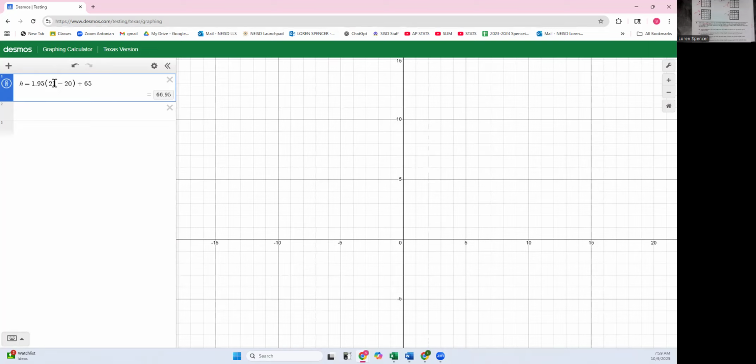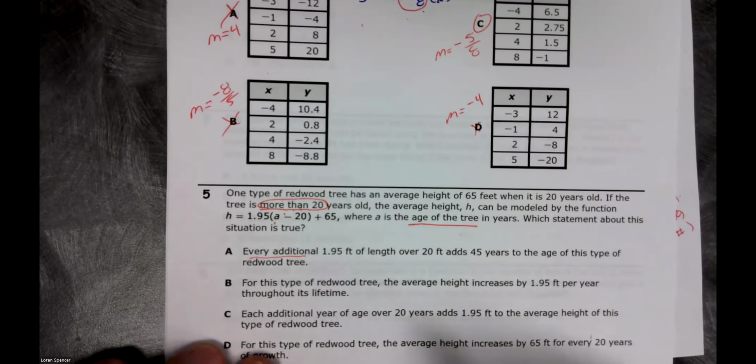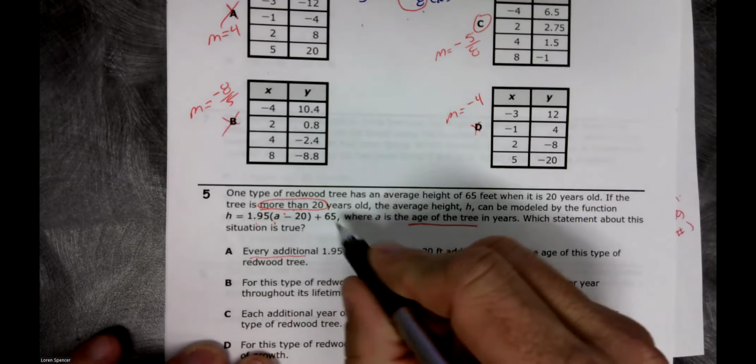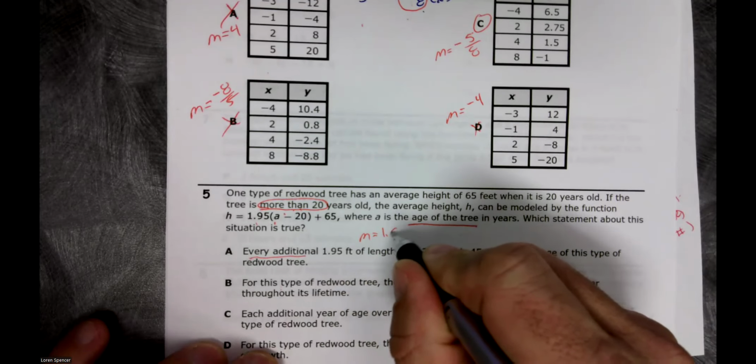All right. So it looks like it's increasing by 1.95 feet every year. So every year, this is my slope, M equals 1.95.